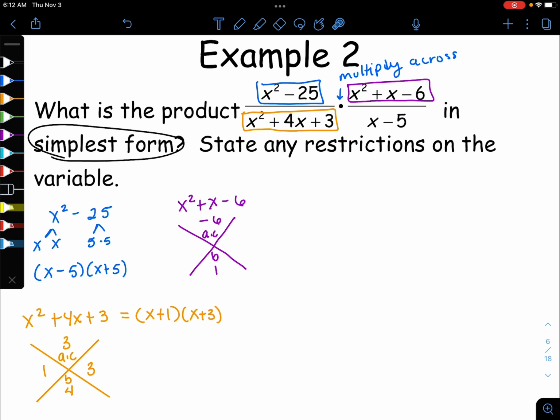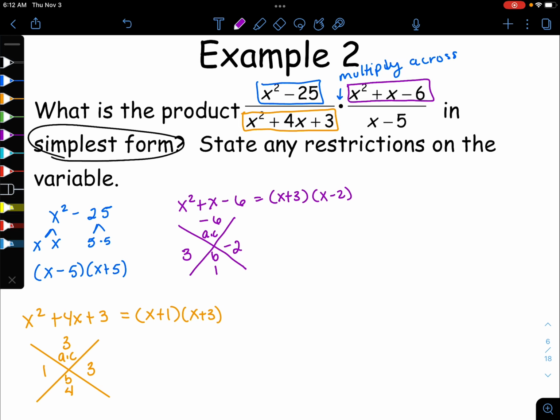And if you're looking for the factors, it would be positive 3 and negative 2. 3 times negative 2 is negative 6. 3 minus 2 is 1. Again, a is 1, so I can write this as x plus 3 times x minus 2.